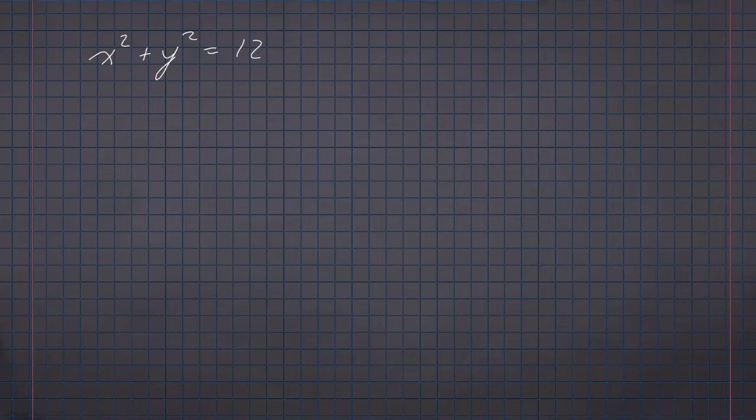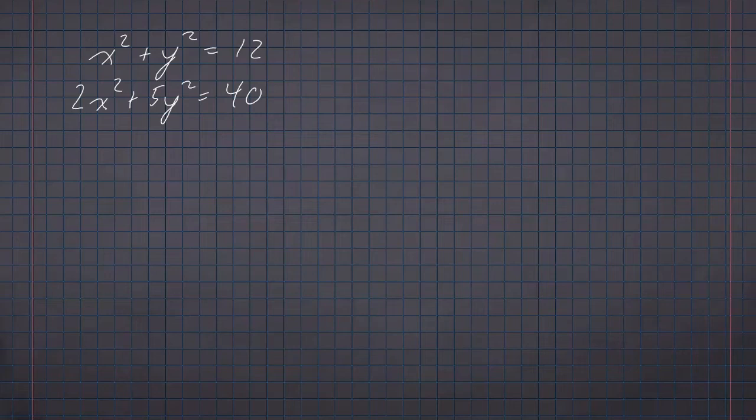And then I have the equation, and this system gives me a circle as well as an ellipse.